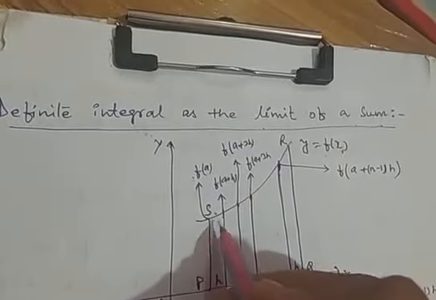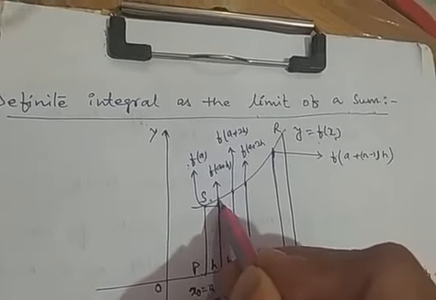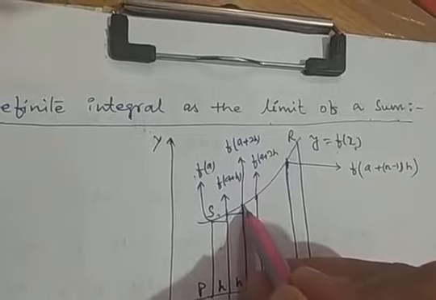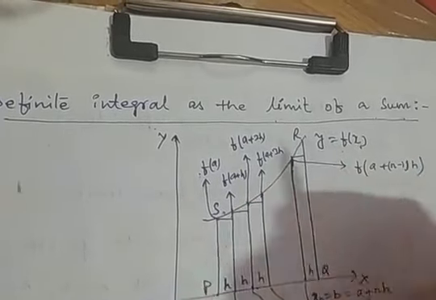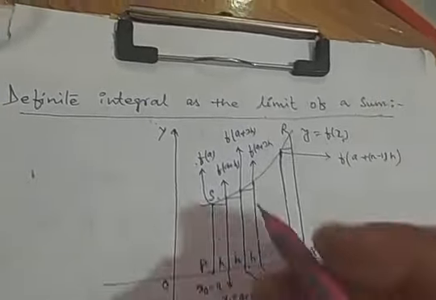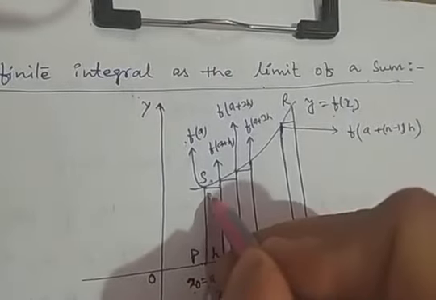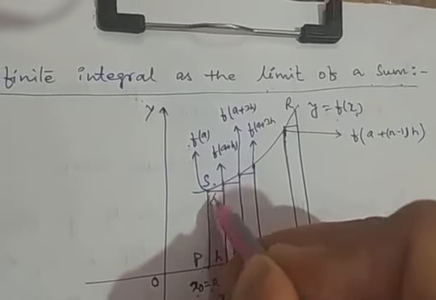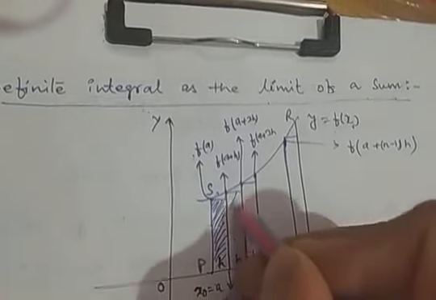Here is one rectangle part, here is another rectangle part, and here is another. Similarly, these are the rectangle parts. So first of all we will find the area of the shaded rectangle.